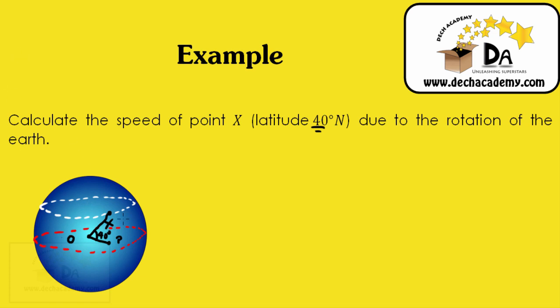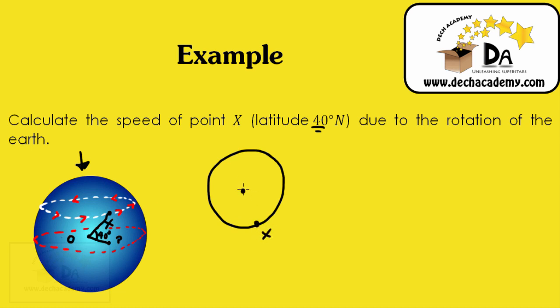As the Earth rotates, point X moves from west to east. It moves along this circular path, and it covers a distance equal to the circumference of this line of latitude. From a top view, this line of latitude is a circle, the one here in white. Point X lies somewhere on the line.